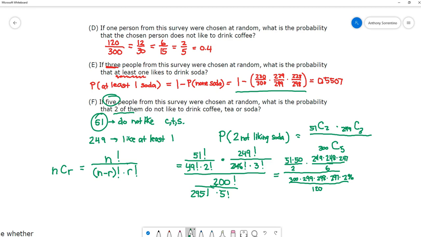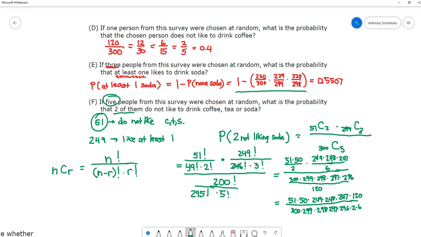And if you work out these numbers and put them into the dividing a fraction type thing, you're going to have 51 times 50 times 249 times 248 times 247 times 120 over 300 times 299 times 298 times 297 times 296 times the 2 times the 6 for the two denominators up there.